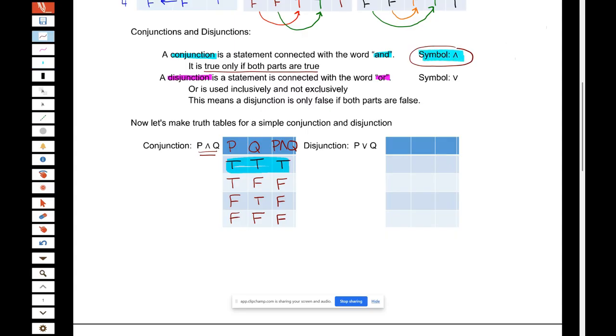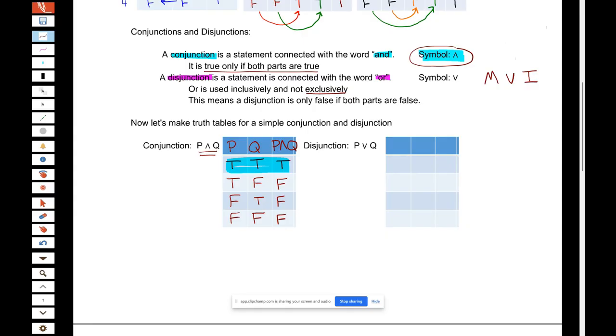Okay, now let's look at or. The word or in mathematics is a little bit different than the word or, let's say, when you're generally given a choice in life, like your parents telling you, you can go to the movies or we can go out for ice cream cones. Usually when your parents give you that choice, they use the word or exclusively, where you have to pick one. You cannot have both.